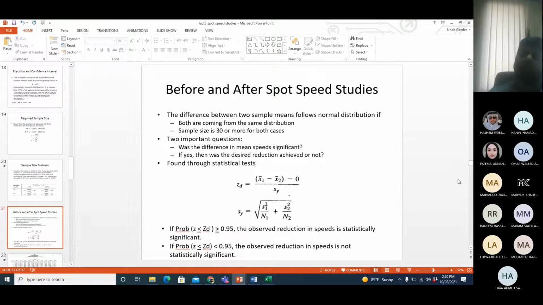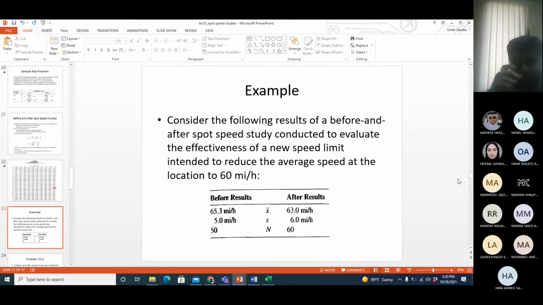If the answer to the first question is yes, I achieved a significant difference in the mean value, then you go for the second question, did I achieve my required value or not? Okay, let us see how we can make sure that we achieve the required value.